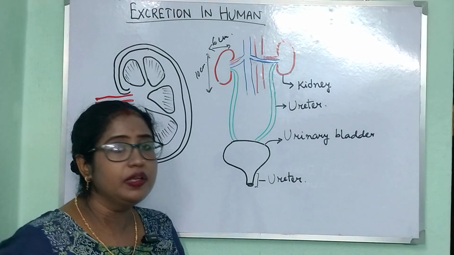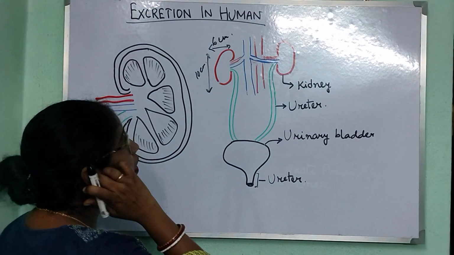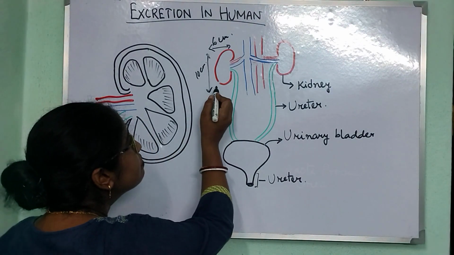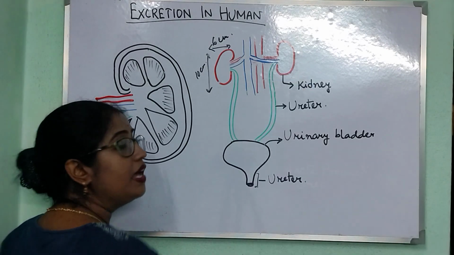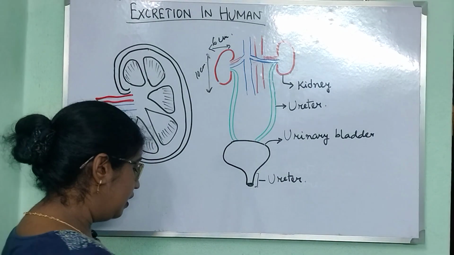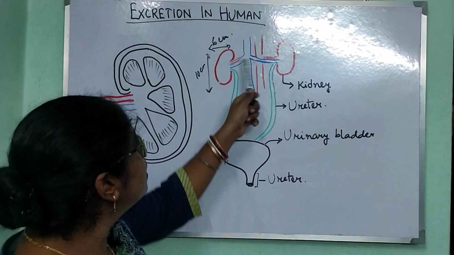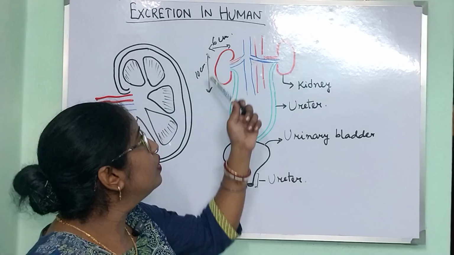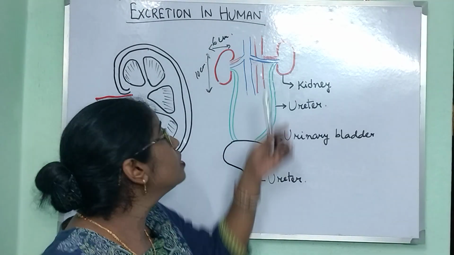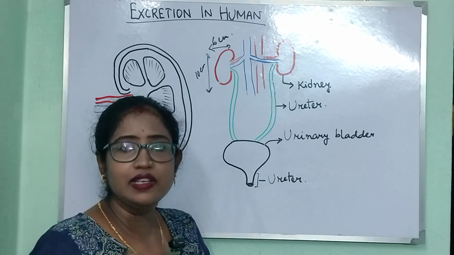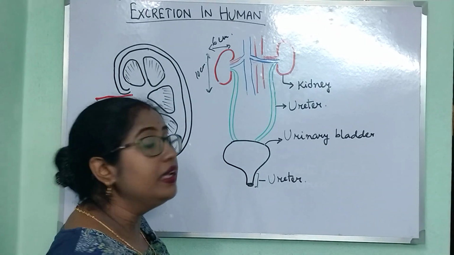Then this one is the right kidney and this one is the left kidney. As you see, the right kidney is slightly lower in position than the left one. Why?